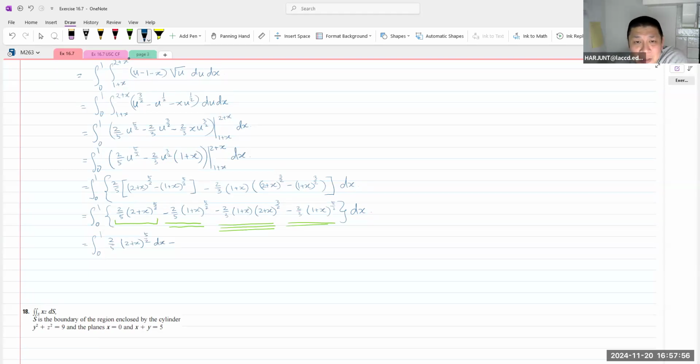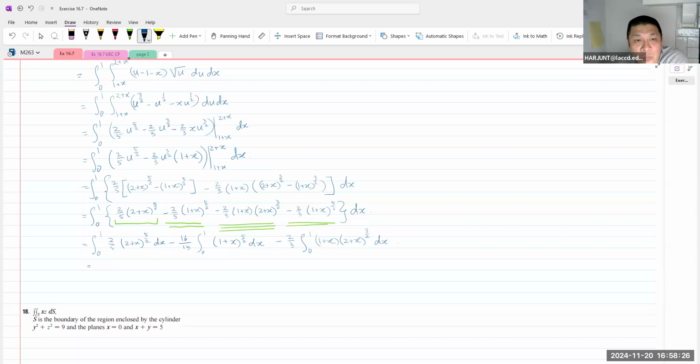16 over 15, integral from 0 to 1 of 1 plus x to the power of 5 halves dx, and then minus 2/3 integral from 0 to 1 of 1 plus x times 2 plus x to the power of 3 halves dx.